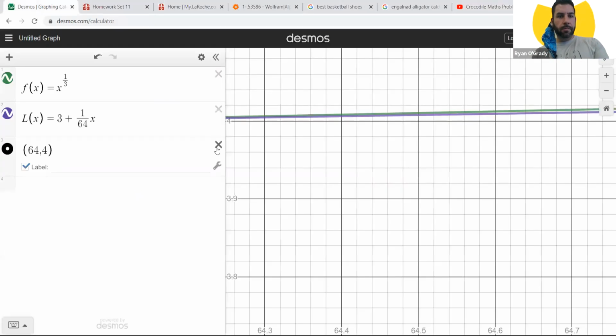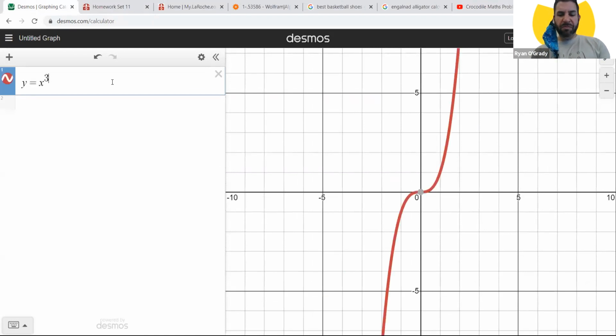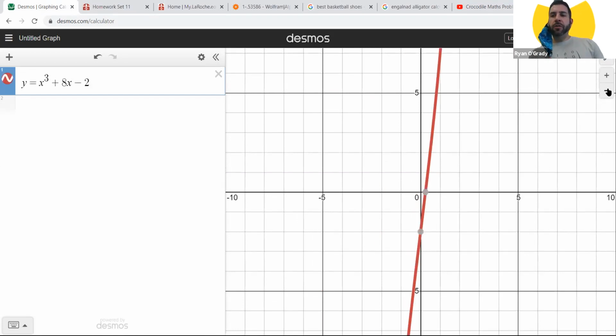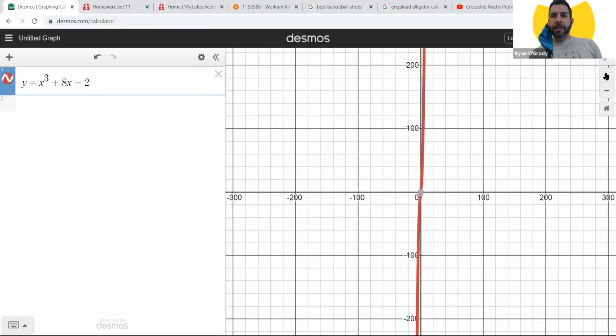It's already up from last class. If I go to Desmos and I graph y equals x cubed plus 8x minus 2, I'll notice that if I zoom out, it definitely crosses the x-axis.